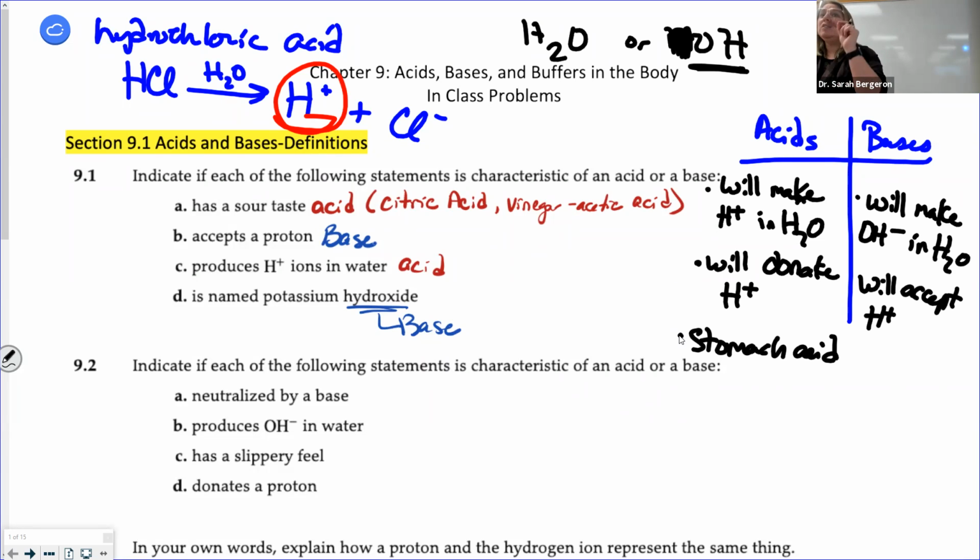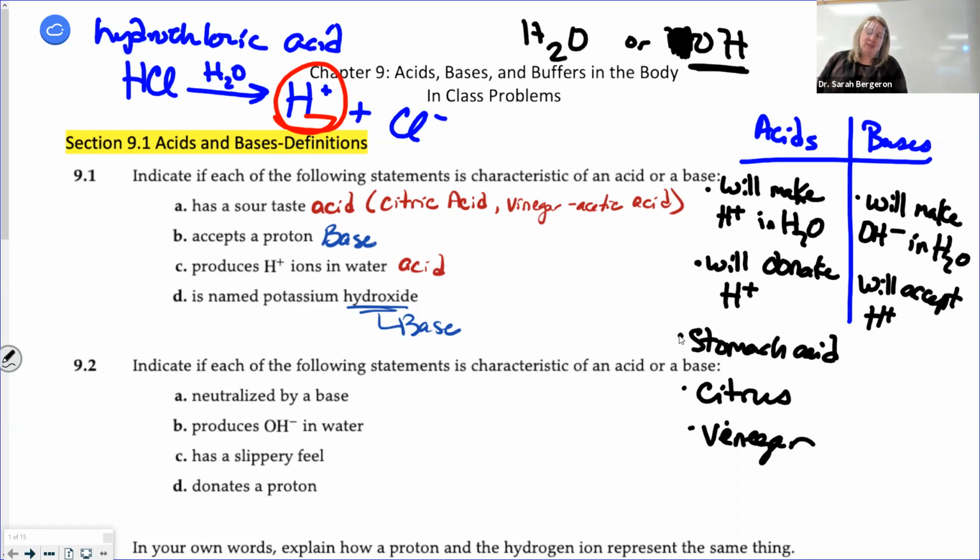Sour is our ability to taste acid. Lemons, citrus, right? And who likes some good salt and vinegar potato chips? Yeah, that's me. I like that. So vinegar is another, V-I-N-E-G-A-R.